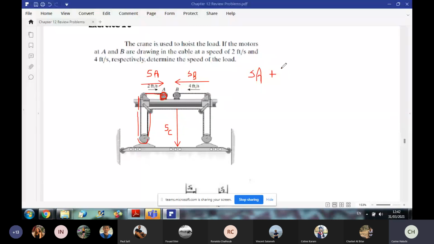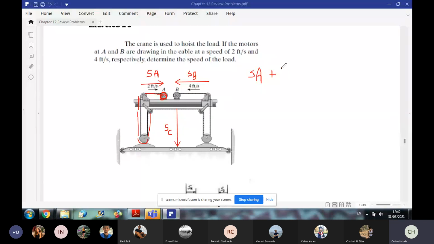So here I know the value of delta SC. Since the block is rising and SC is downward, then I know that delta SC is negative, and delta SC is -4.